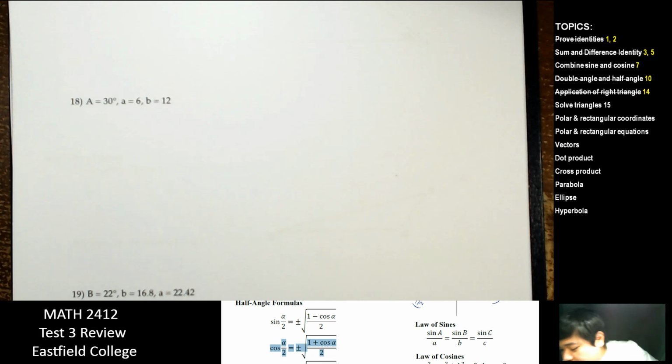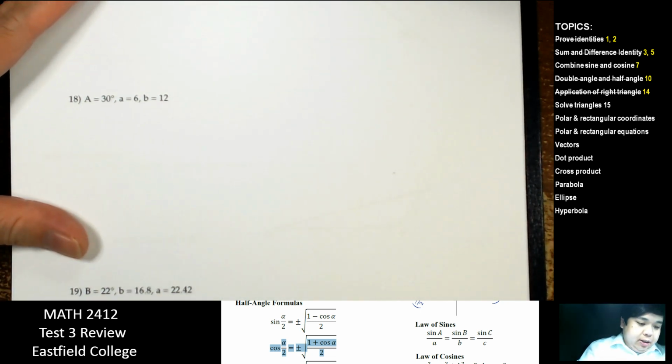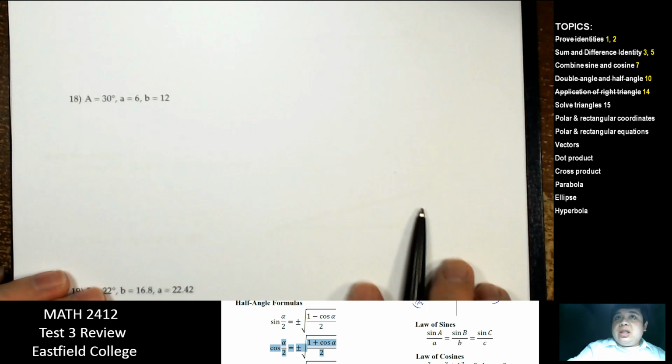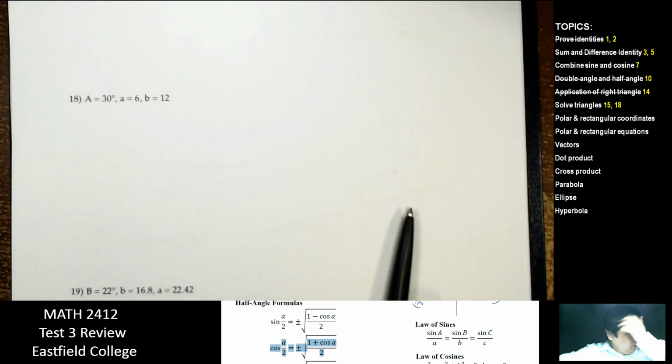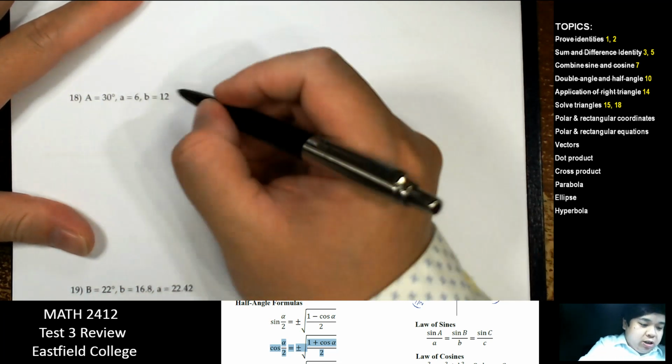I'll do 18. So because it is an ambiguous case, we really don't know what the triangle will be. So that's why usually you will not be given a triangle. So let's just try to draw it in general.